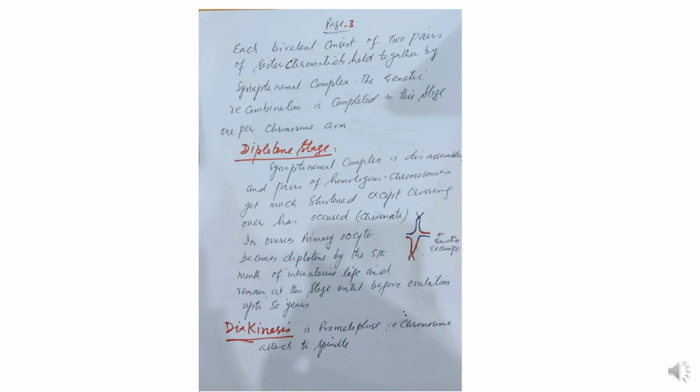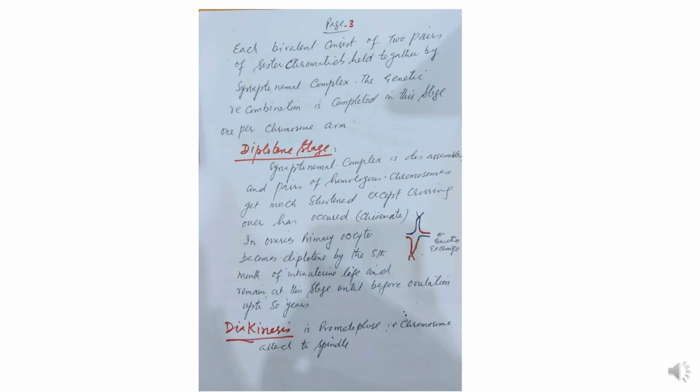In ovaries, the primary oocyte becomes diplotene by the fifth month of intrauterine life, and remains in this stage until before ovulation, up to 50 years.